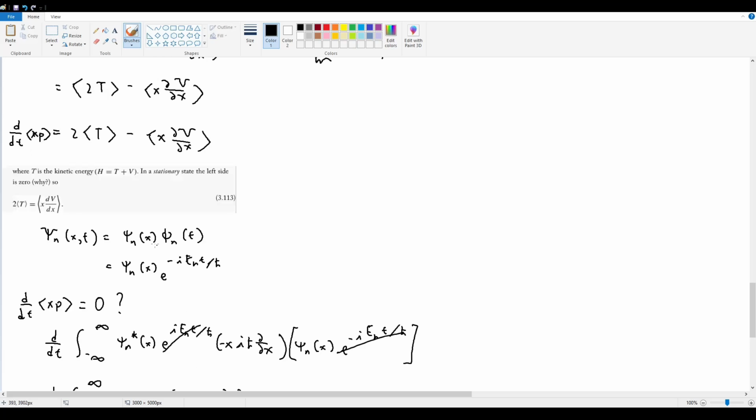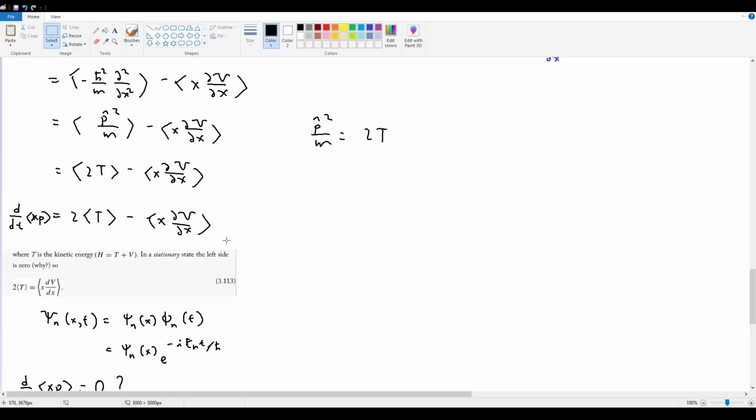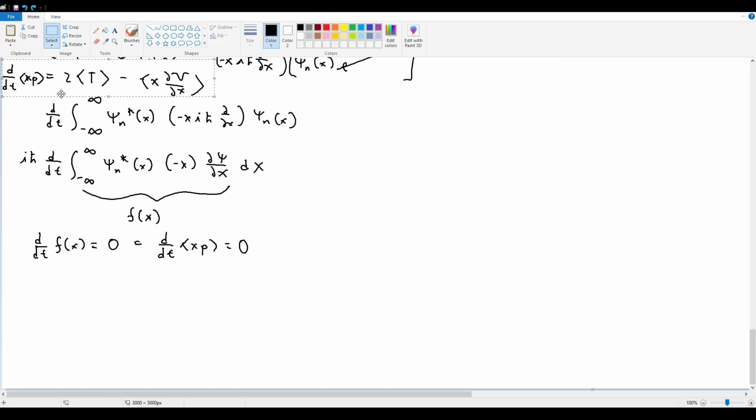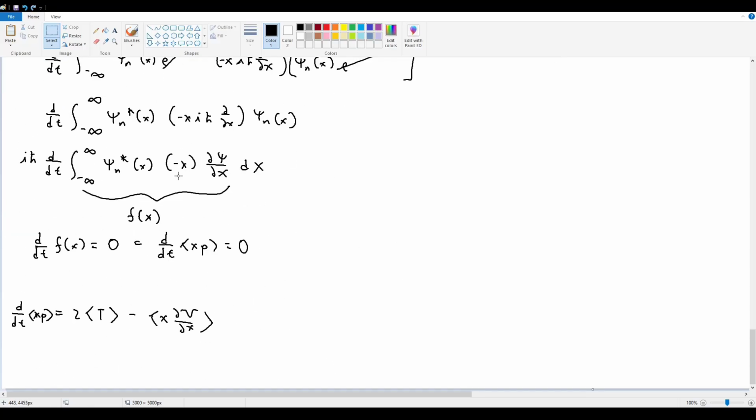So because of that, this original expression that we had, automatically, because the left side is equal to 0, we can now move this to the left, and now we have 2 times the expectation value of T is equal to the expectation value of x dV/dx. Okay, that's the second part of this problem solved.